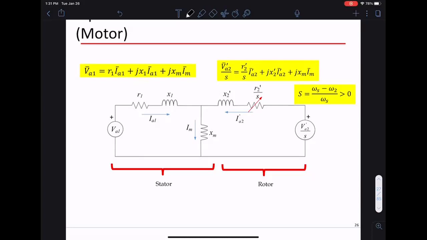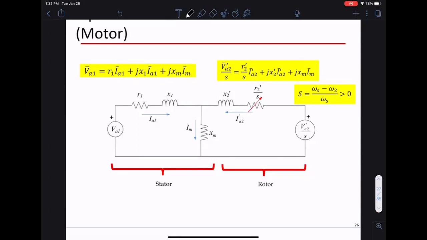All right, so from now on, we'll be working with this equivalent circuit. If we see an induction machine, this is the circuit we'll work with. Most of the notation in the circuit should be fairly familiar. The induction machine is basically a transformer with a variable resistance.